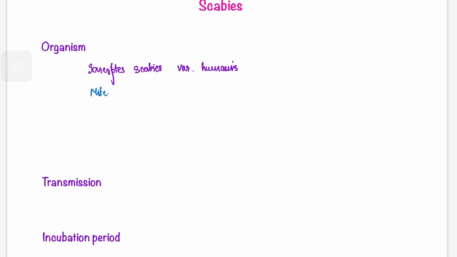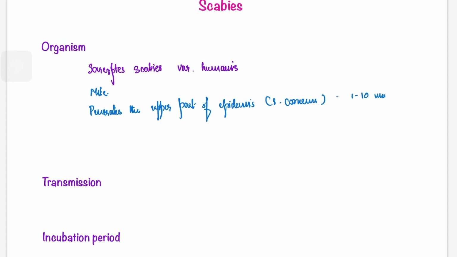So the mite penetrates the upper part of the epidermis, that is stratum corneum, 1 to 10 millimeter per day. In any infected patient of scabies, there would be around only 5 to 10 mites.